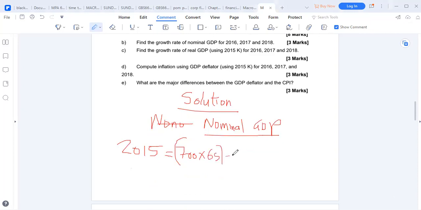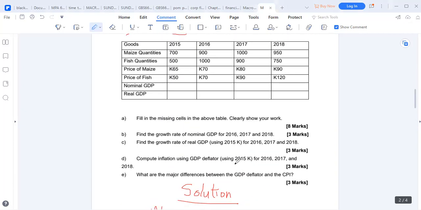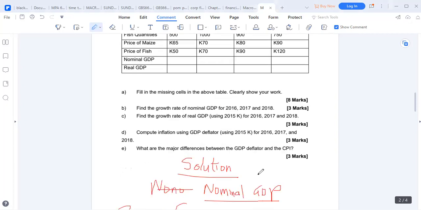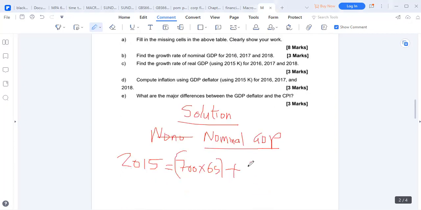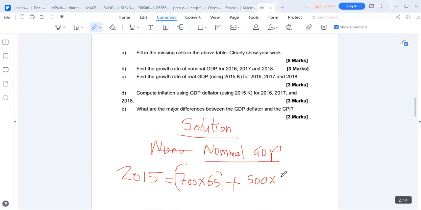Then plus the quantity of fish sold, which was 500, multiplied by the price of fish, which was 50.